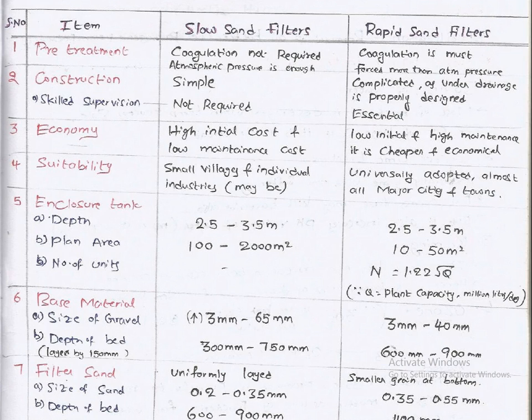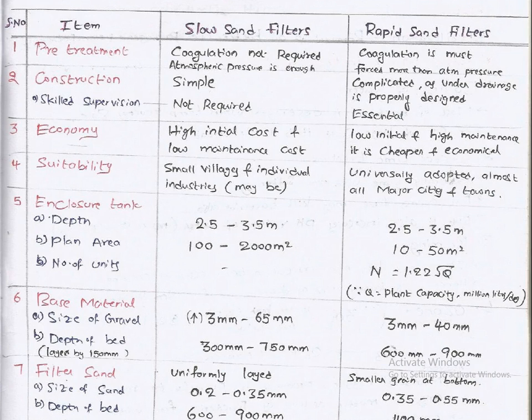Base material: size of gravel is greater than 3 mm to 6.65 mm, whereas in rapid it is 3 mm to 40 mm. Depth of bed layer is 150 mm, and 300 mm to 750 mm. In rapid sand filter, 600 mm to 900 mm.